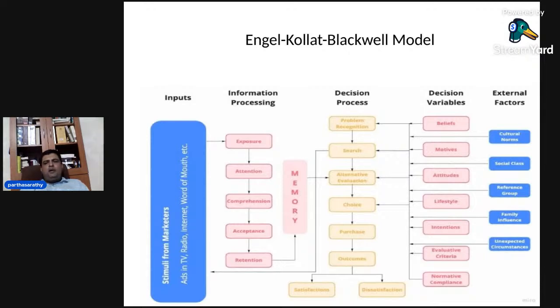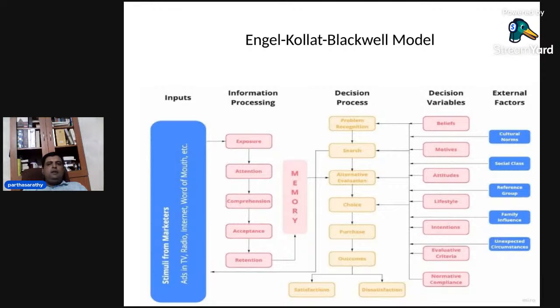After processing the information, then we make the decision. Sorry, we don't make the decision yet; we are in the process of decision making. Then decision variables. If I have to take that particular decision, what are the different variables I need to consider?